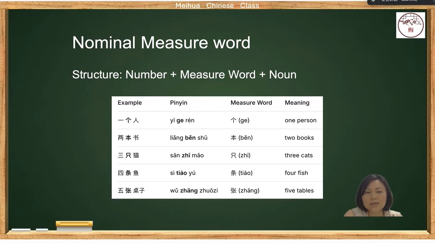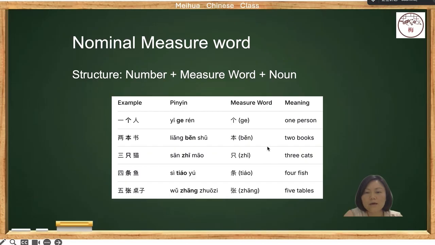Except for the address, for the title of humans, we have the plural form. For all other things, non-living things, we don't have the plural form. We just use the number, which is more than 1, to indicate the noun is plural, is not single.